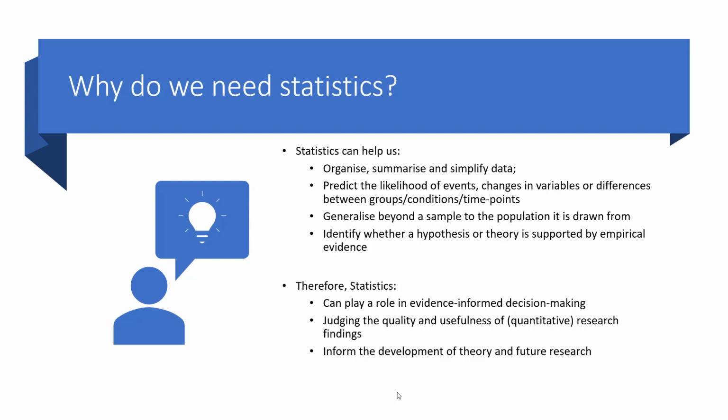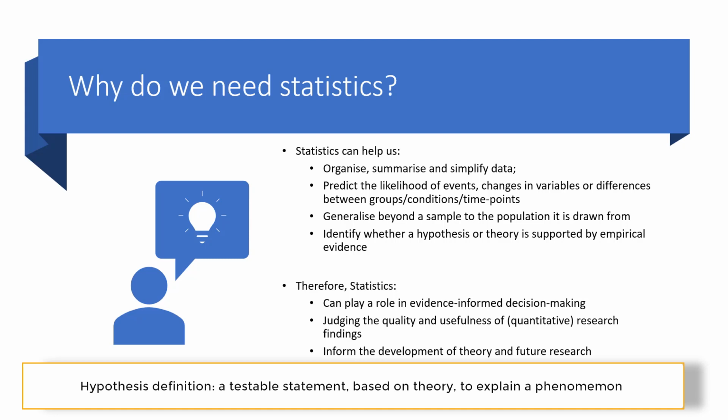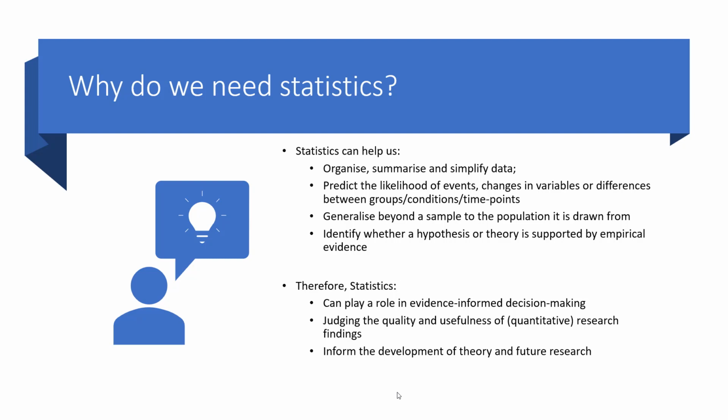Ultimately, what it's helping us to do is to test out different hypotheses to see whether theory is supported by empirical evidence. So statistics have quite diverse uses. Ultimately, it feeds into evidence-informed decision making. We can use statistics also to judge the quality of research, although they're not the be-all and end-all of research findings, but they can help us to judge how precise an estimate of something is.